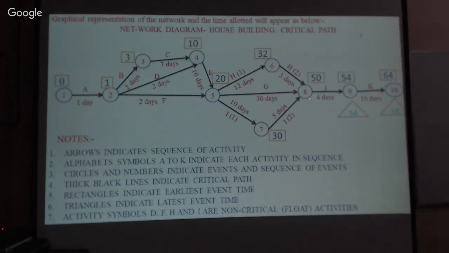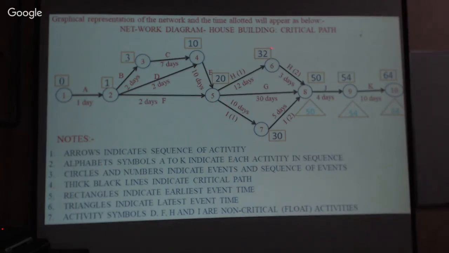Now if you come to this point, you see the time required is 50. So if you deduct 5, 50 minus 5, 45. Then 45 minus 10, 35. That we have here. Now if you go along this line, that is 50 minus 30, that is 20 days.